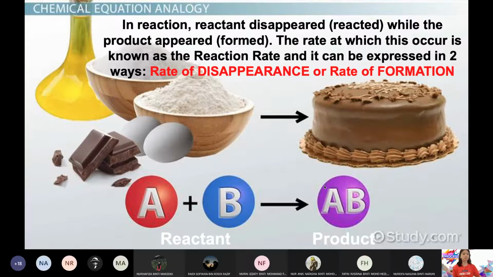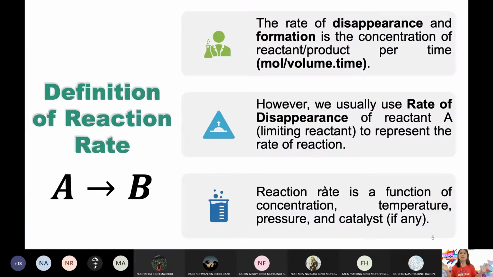Okay, so that's the first thing. Okay, kamu akan tengok banyak kali pasal rate of reaction ni. Okay, right. So first of all, apakah dia dimension dan unit? Okay, as I told you, rate of reaction ni maksudnya rate of disappearance dengan rate of formation. Kadar pembentukan, kadar kehilangan.